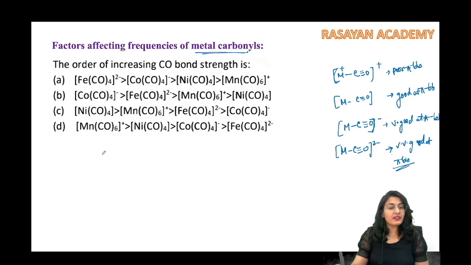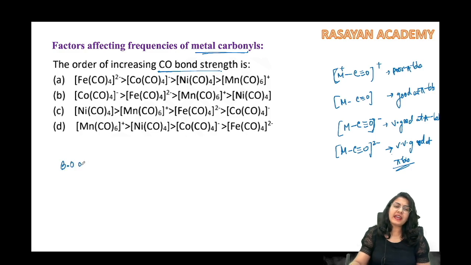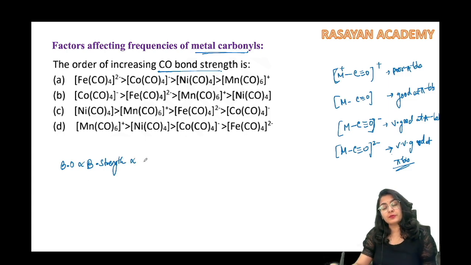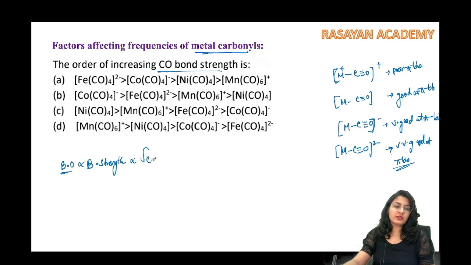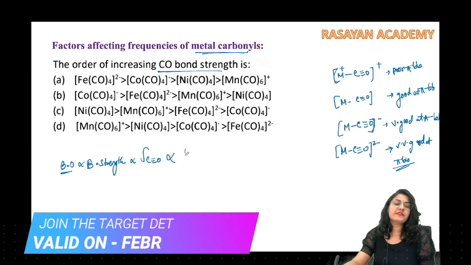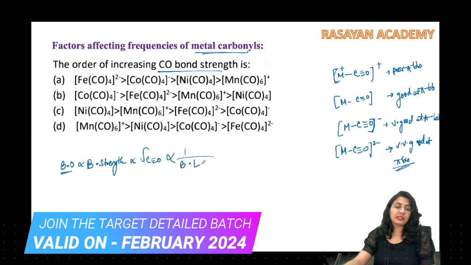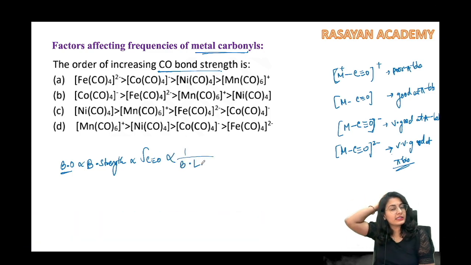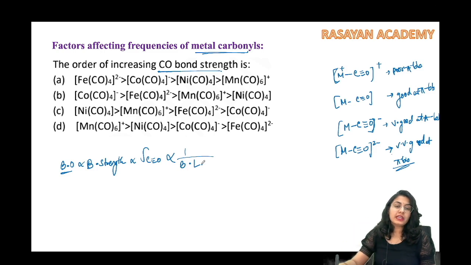So the order of increasing carbonyl bond strength: if you see, bond order is directly proportional to bond strength. When the bond order is high, the stretching frequency is also high, so it is directly proportional to the stretching frequency, and this is inversely proportional to the bond length, just in case the bond length is asked in any further question like this.